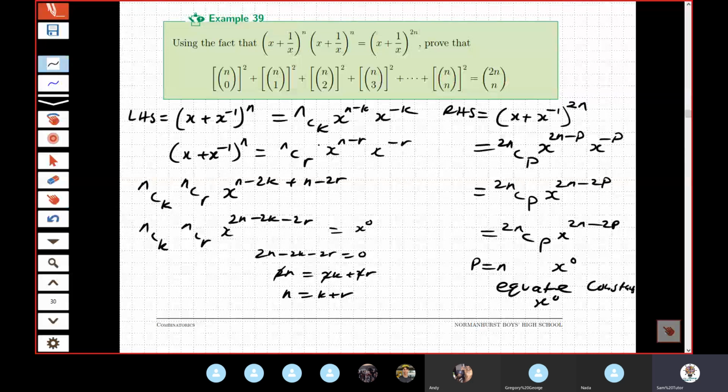Again, not wrong. Just give me a second. Let me think. If I sub x equals 0, no, I don't. Oh, no, I never do. So sub x equals 0, 0 times anything is 0, so you don't want to do that. 2n minus 2k minus 2r equals 0. n equals k plus r. You're choosing your coefficients of x naught.